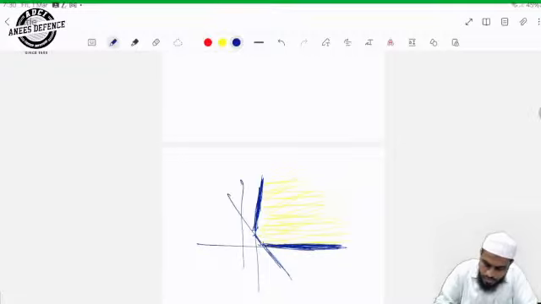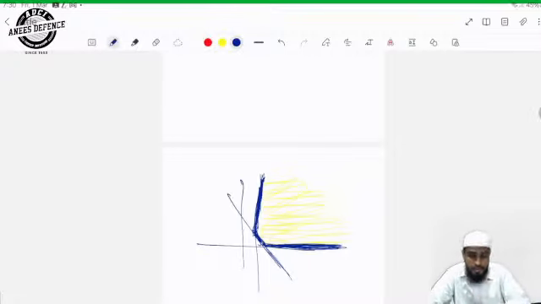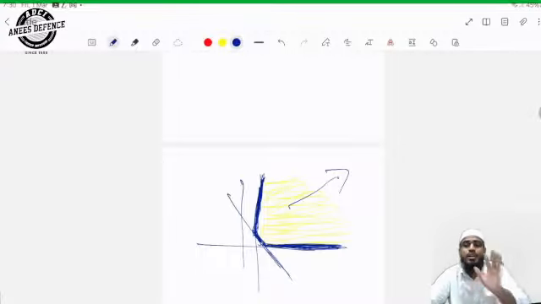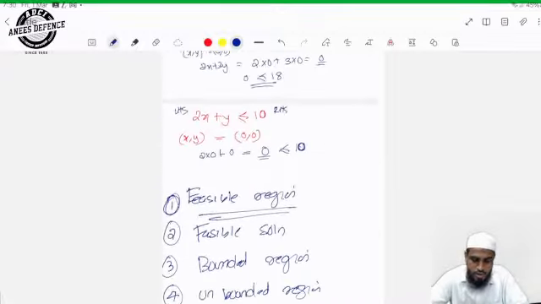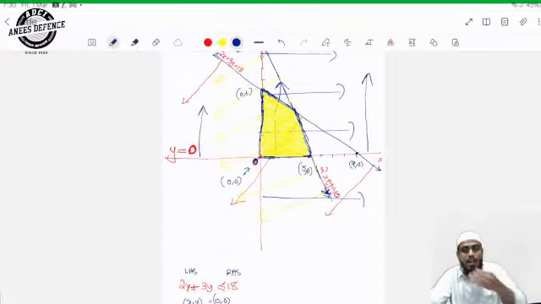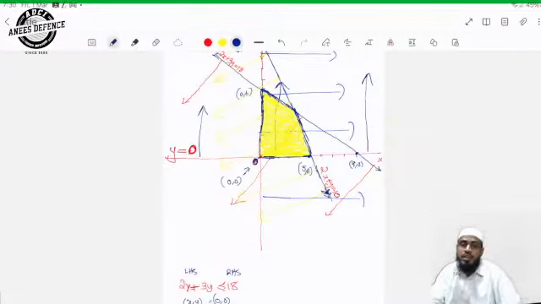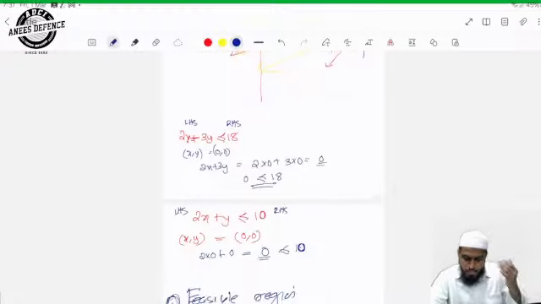Here the line is blocked, here also the line is blocked. So here a well defined boundary is there. But when you are going to this area, boundary is not there. So this is an unbounded region. But in our question, all the area is covered by our constraints, so it is a bounded region.